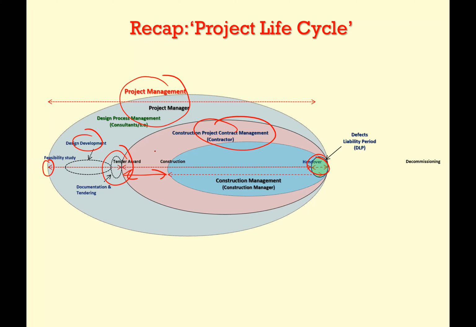It may take a few weeks for the contractor to start the project, because there are some things that need to be submitted, such as the performance bond, insurance, certain layouts, and the work program. So that's why we call this period the construction management period.